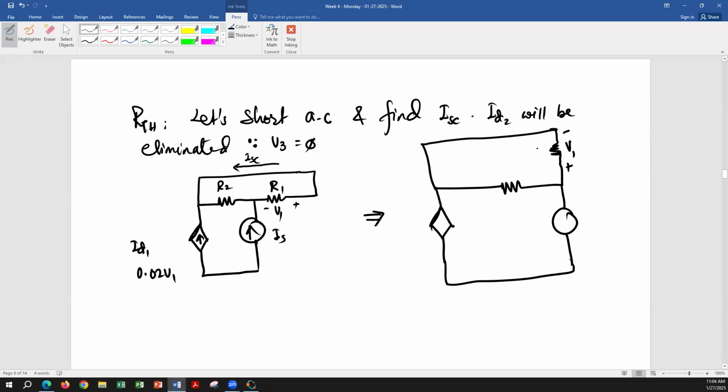Same circuit, different topology, perhaps easier to understand.